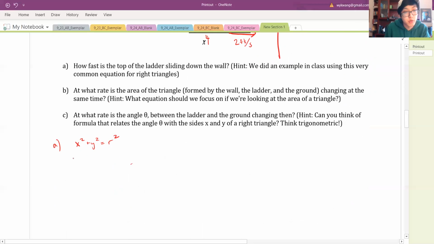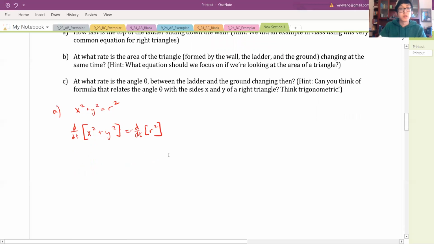Let's differentiate with respect to t, because that's what we do in related rates problems. d over dt of x squared plus y squared is equal to d over dt of r squared. The derivative of x squared is 2x according to the power rule, but we're differentiating with respect to t, so remember, we always multiply by dx over dt.